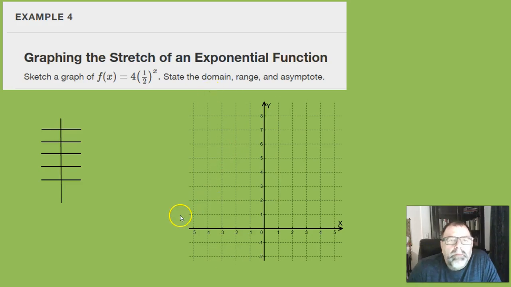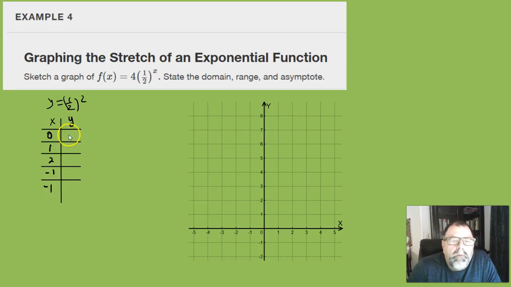Okay, so let's try this one. Example 4: sketch a graph of f of x equals 4 times 1/2 to the x. So we're going to start with the parent function, which has the point (0, 1). Since this is 1/2, I'm going to go ahead and do 2.